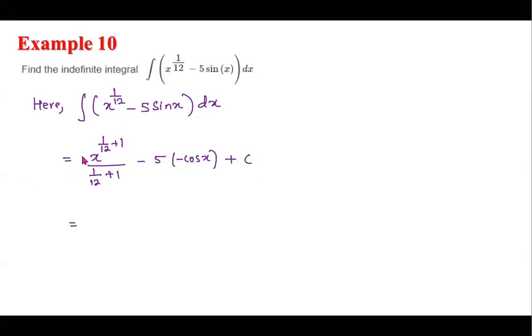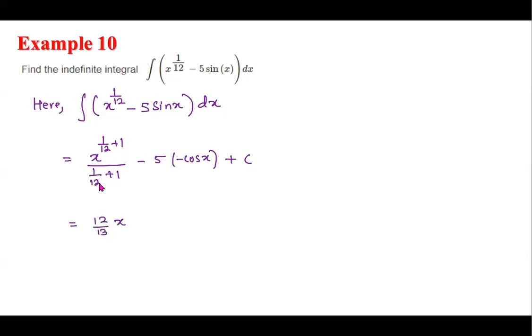Now, you can see here we have nothing in front, which means the coefficient is 1. 1 over 12 plus 1 is 13 over 12, and it is 1 over that, which means we take the reciprocal, 12 over 13.